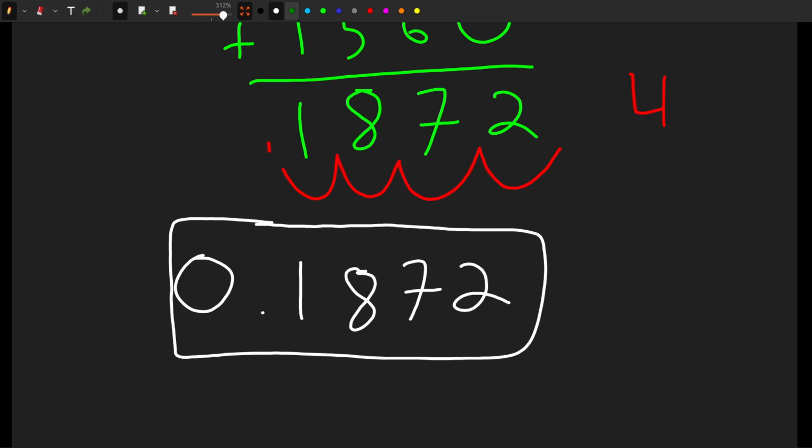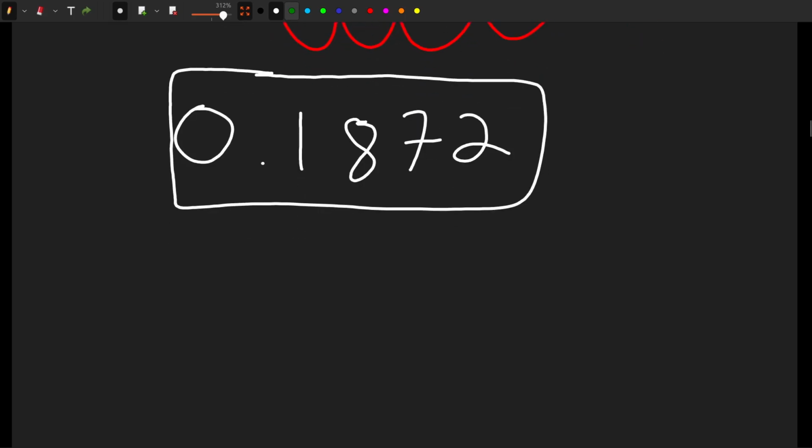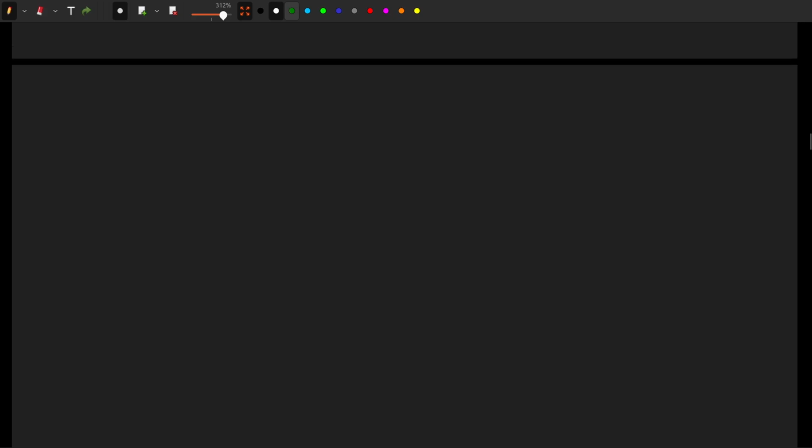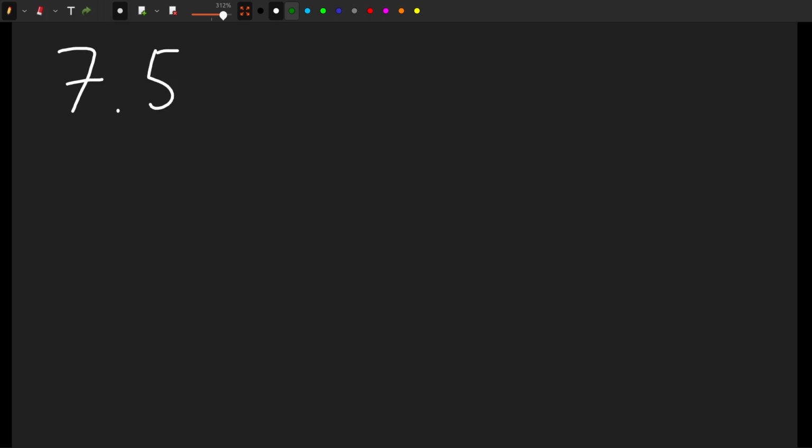On to the next problem. We'll move on to division now. For division, we are going to have 7.56 divided by 3.